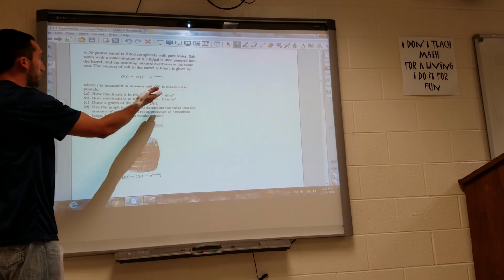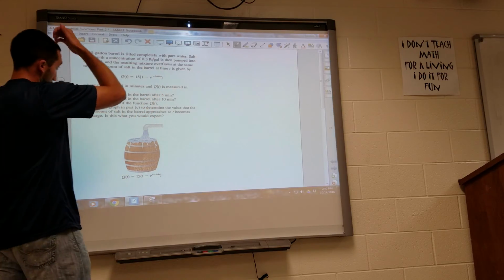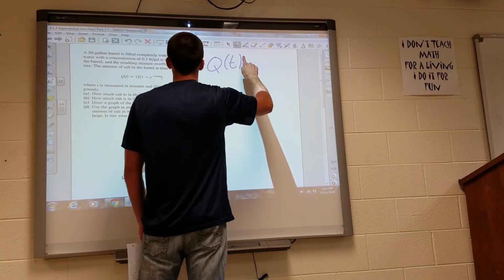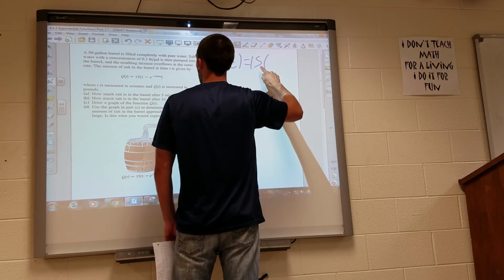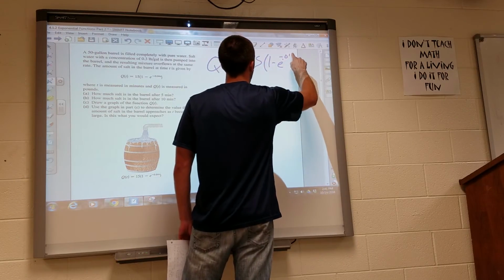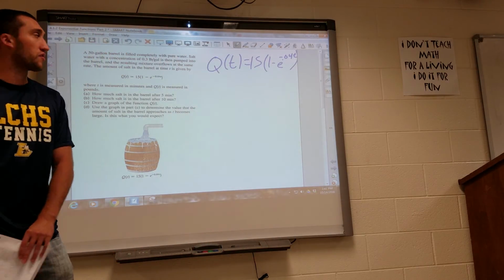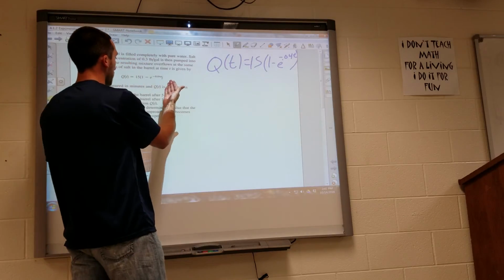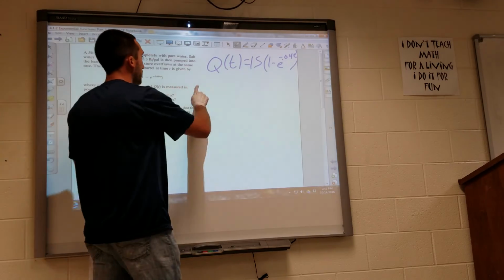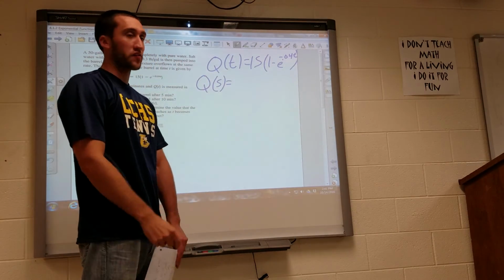So in this case, we're substituting in 5 for t. My equation was Q of t equals 15 times 1 minus e raised to the negative 0.04t. So 0.04 times t, all of that is in the exponent. Plug in what we're now trying to compute. We're trying to compute how much salt after 5 minutes. So I'm doing Q of 5. I'm plugging a 5 in wherever I see a t.